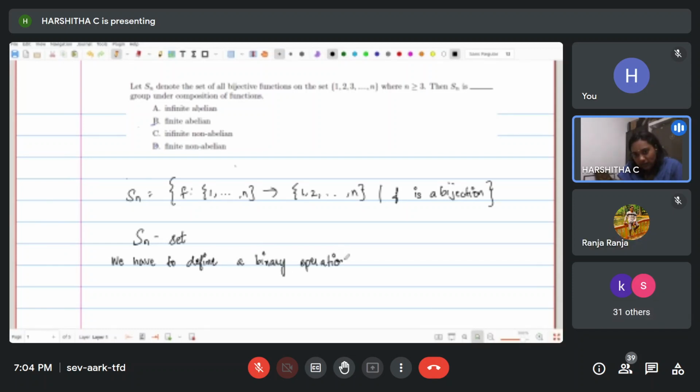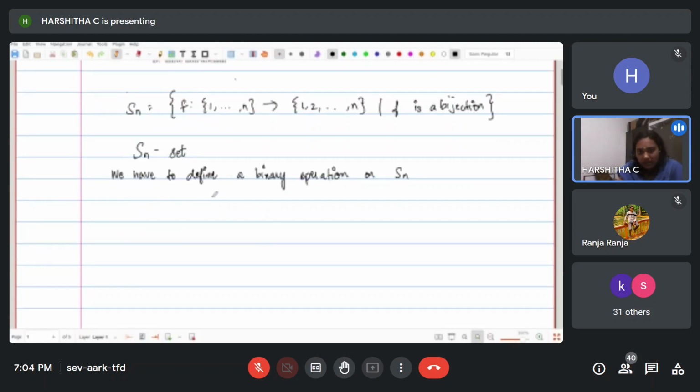It is composition of functions. So we need a function from Sn cross Sn to Sn.